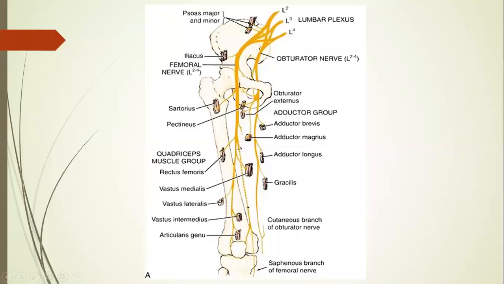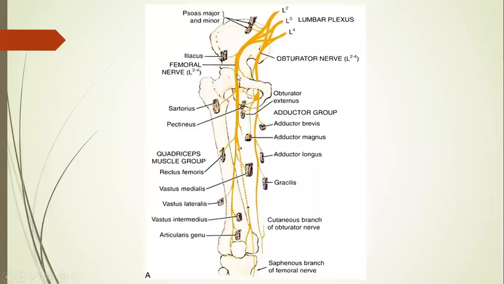See these separate branches before forming the plexus, from L2, L3, L4 or L1, L2, L3, for the psoas major muscle. But here the femoral nerve is formed or completed and it gives a branch to the iliacus muscle in the iliac fossa.